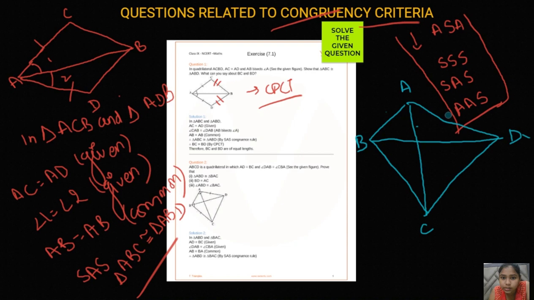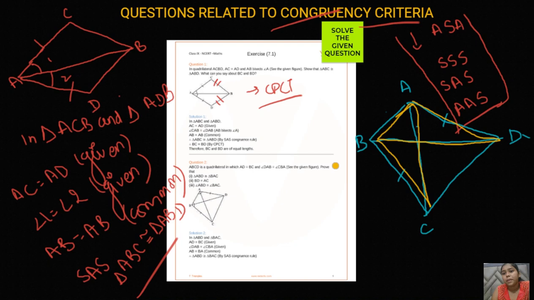Let me highlight it, then you can better understand. ABD is this one, and this one is BAC. You can easily say that AD is equal to BC, that's already given.